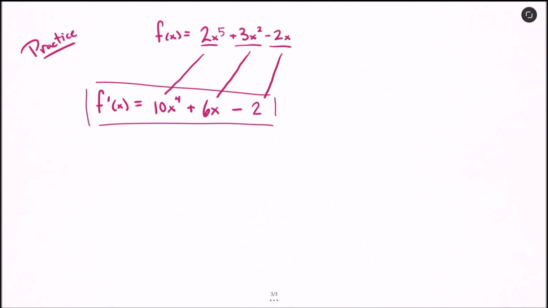And there we go. The derivative is 10x to the fourth power plus 6x minus 2.